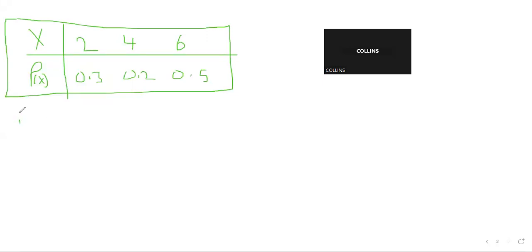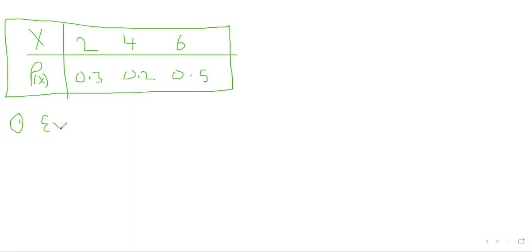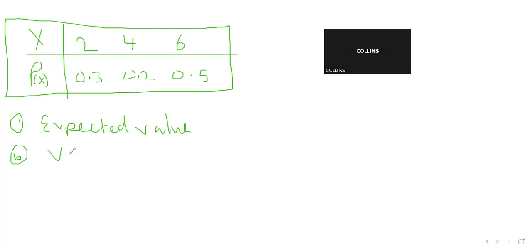Number one, they'll be asking us to find our mean or expected value, also called the expectation. Number two, we'll be asked to calculate the variance. And number three, the standard deviation.